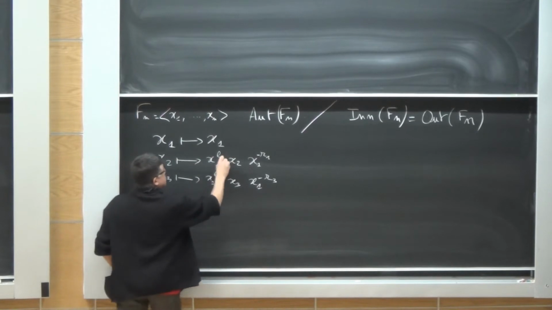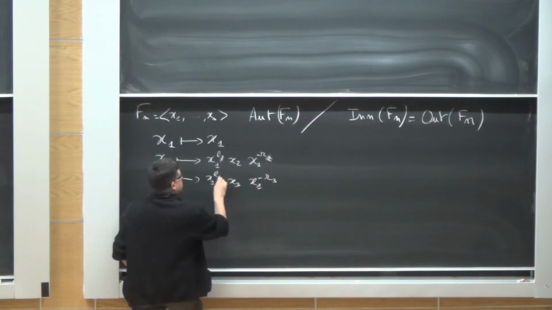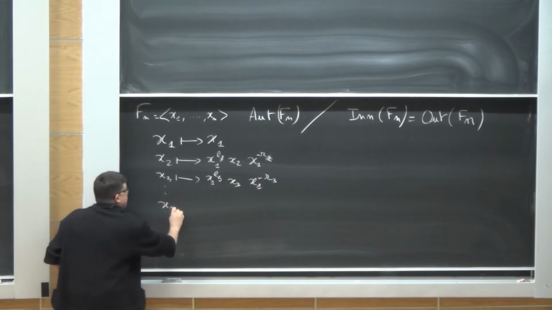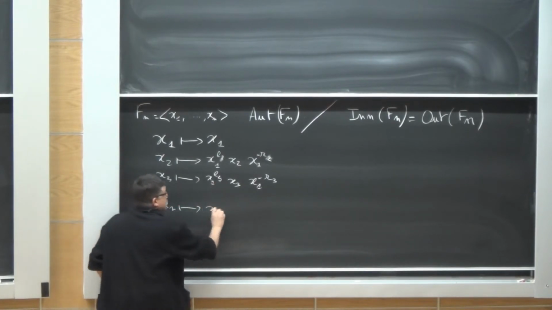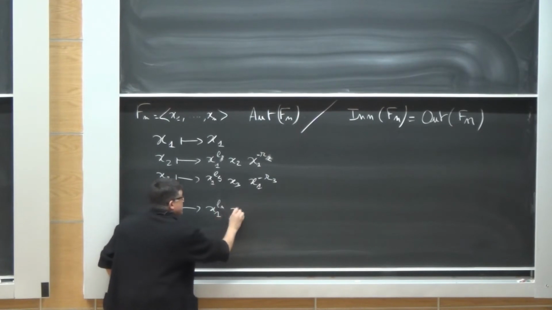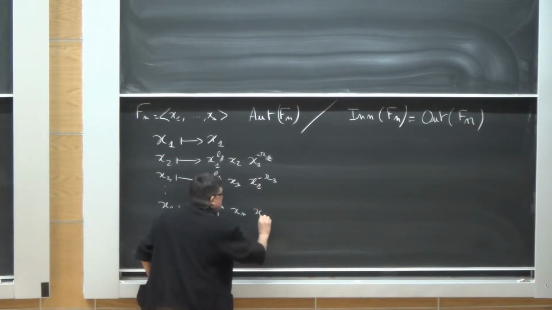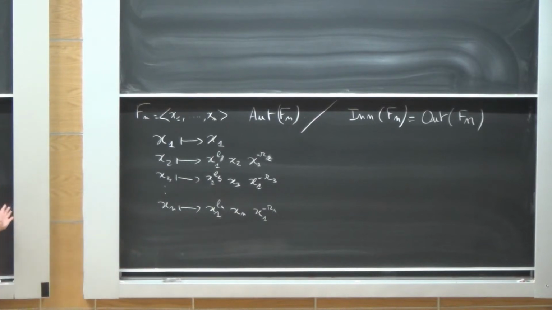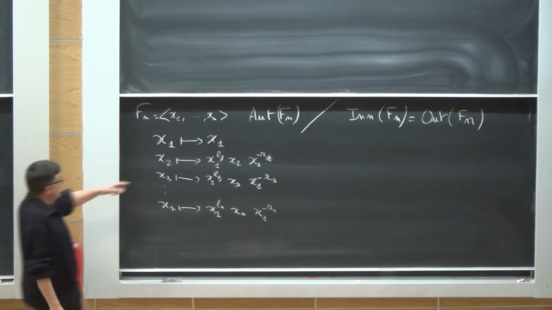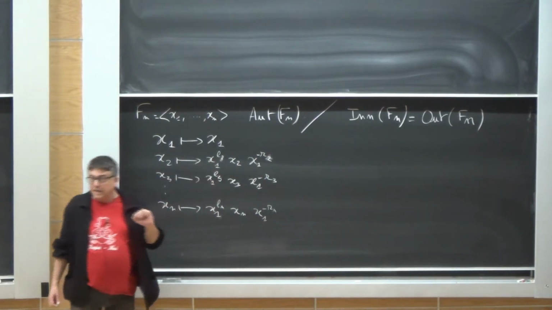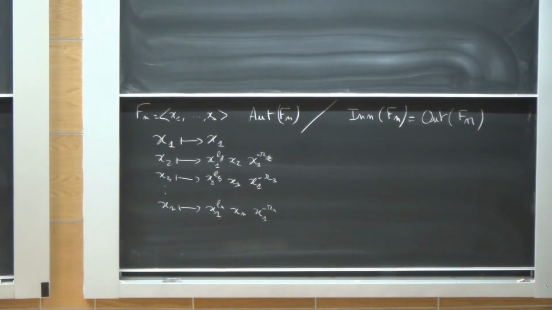Oh, let me change the notation. x2 to x1 to the L2, x2, x1 to the minus R2, x3 to x1 to the L3, x3, x1 to the minus R3. Xn sent to x1 to the Ln, xn, x1 to the minus Rn. Okay? So, for each choice of the Li and Ri, I get an automorphism.